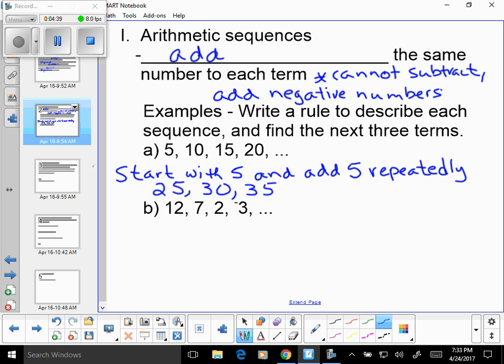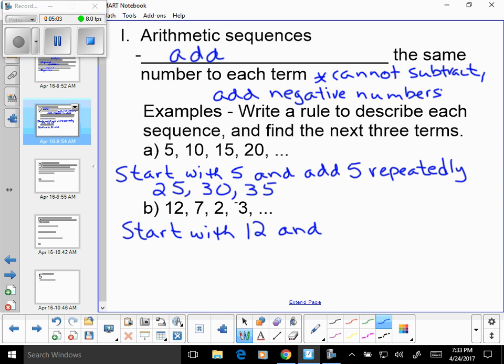Now let's look at example B. I'm going from 12 to 7 to 2 to negative 3. Well, I know I'm going to start my rule by saying start with the first number that they give me in the sequence. So I start with 12. And then I'm going to do something to the 12. Well, how do I get from 12 to 7?